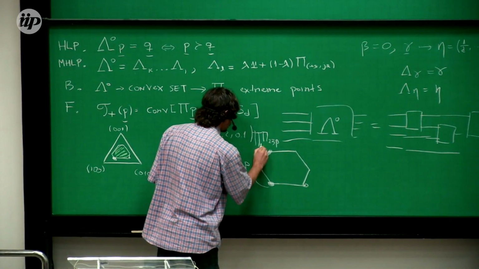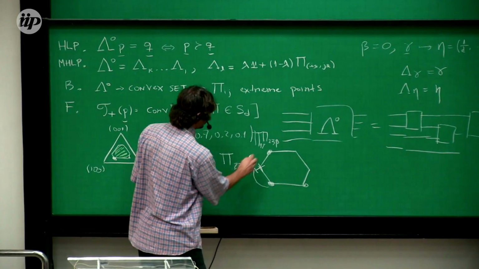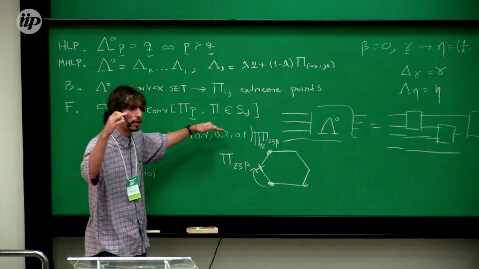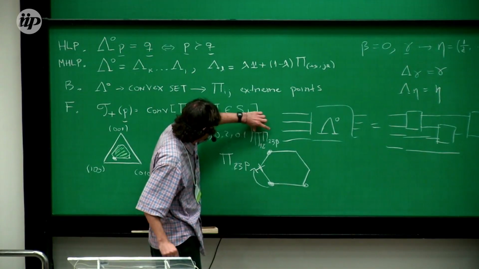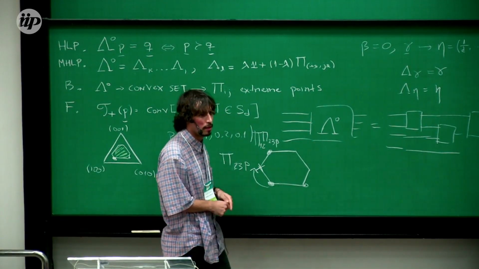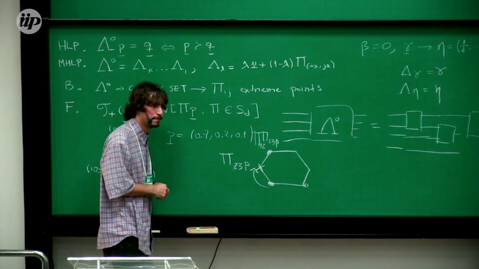And here I think it's 1, 2 or 1, 3. Yeah, it's 1, 2, I think. But then for larger dimensions, there will be extreme points for which you have to have access to more products of T transforms. Good.